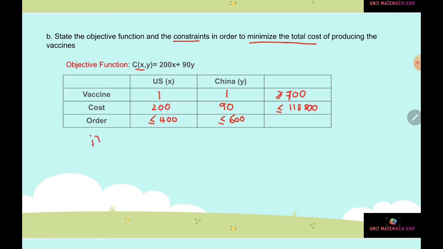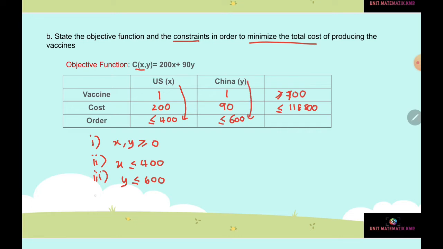So number one, x and y must be greater than or equal to 0. Number two, we get the single inequality, x must be less than or equal to 400. And then number three, y must be less than or equal to 600 here.